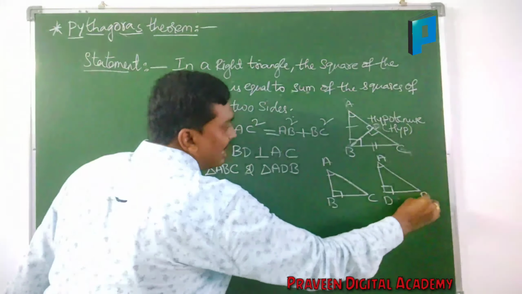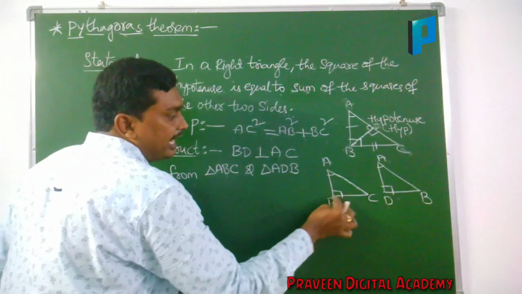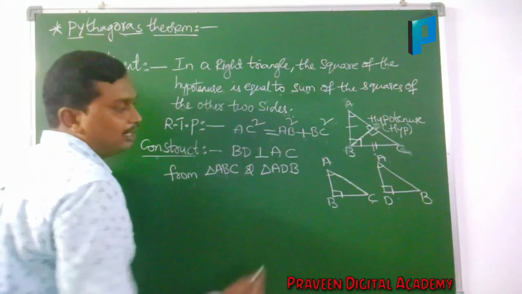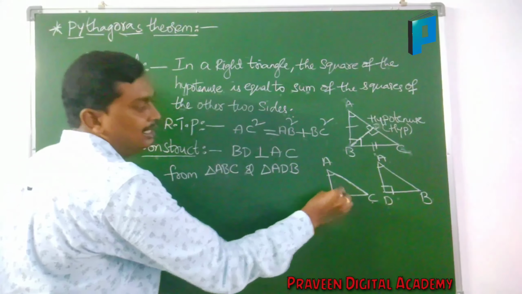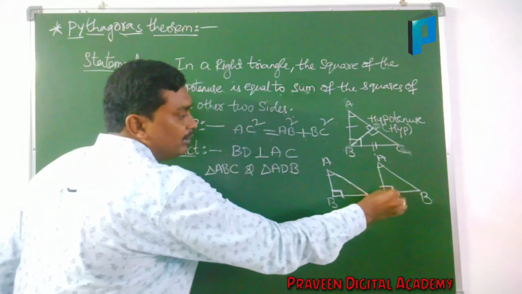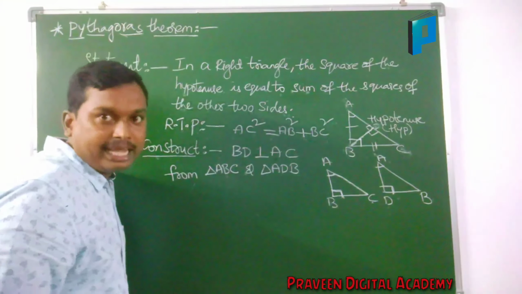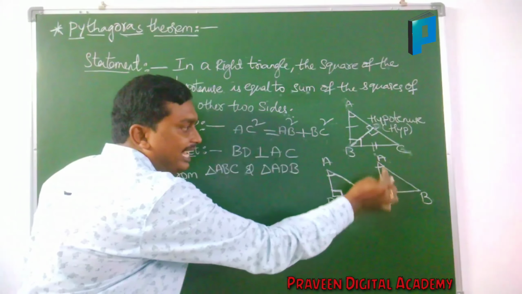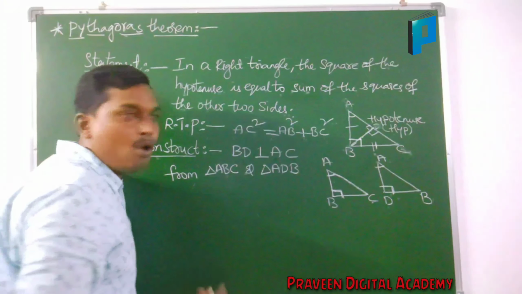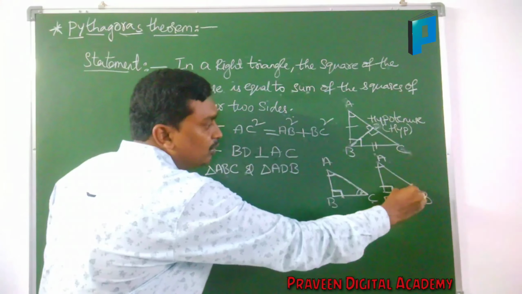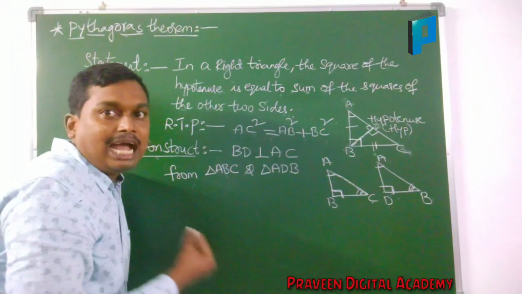So next we have B. We have A, B, C and A, D, B. Look here: 90 degrees is equal to 90 degrees, and angle A is equal to angle A. If two angles are equal, obviously the third angle is equal to the third angle.